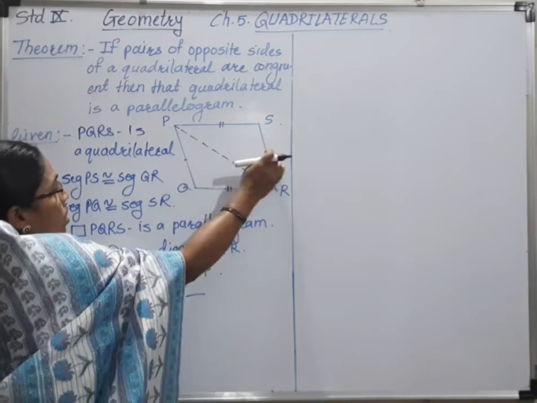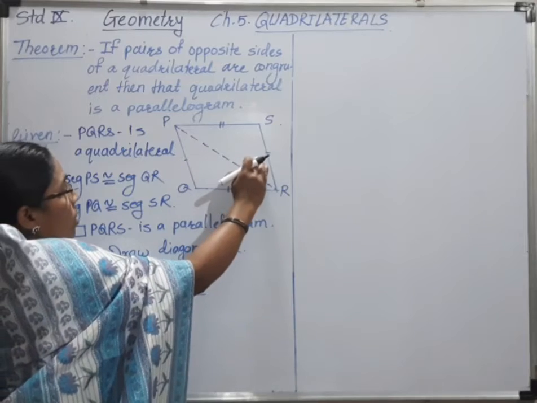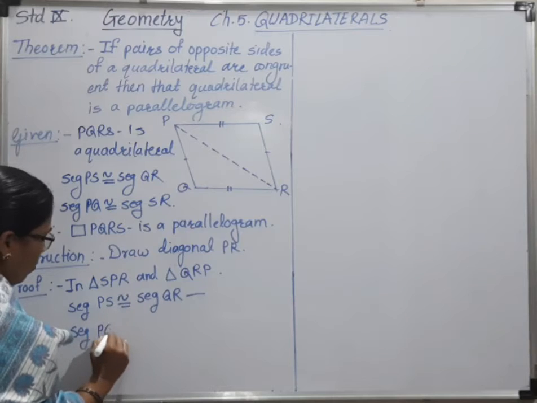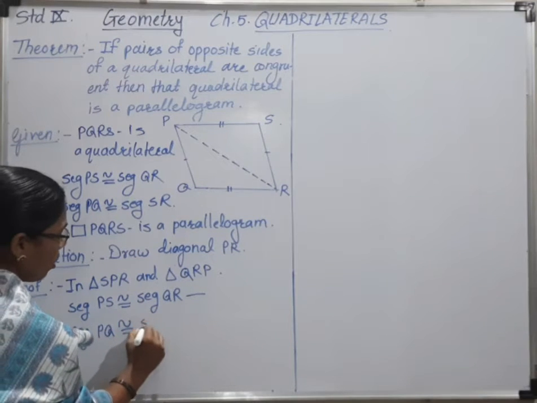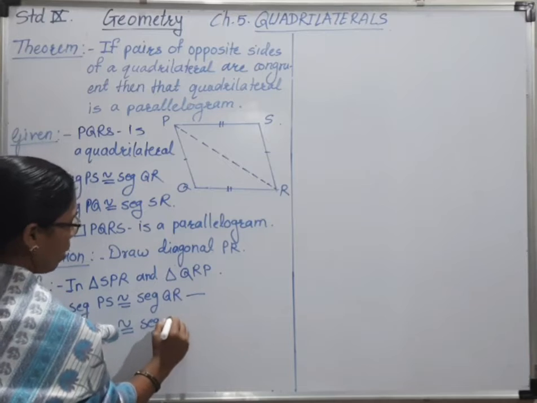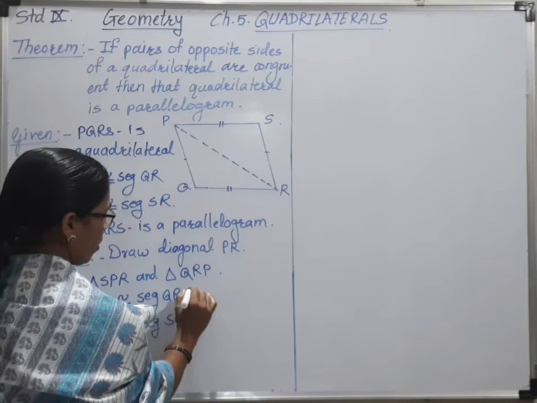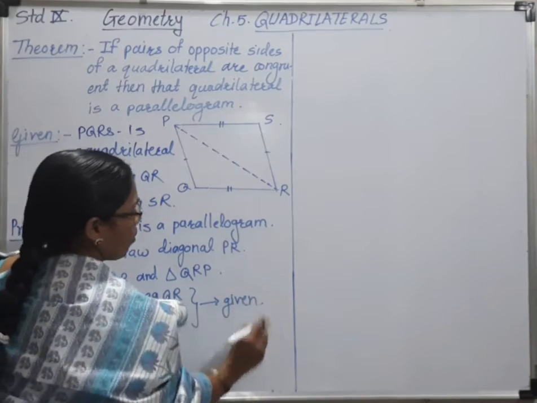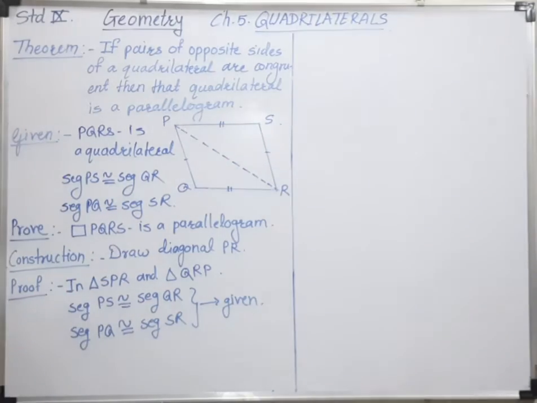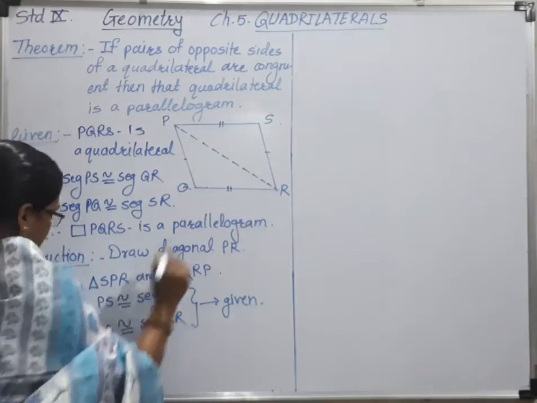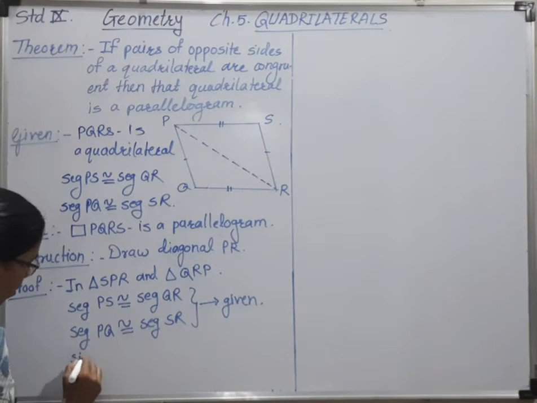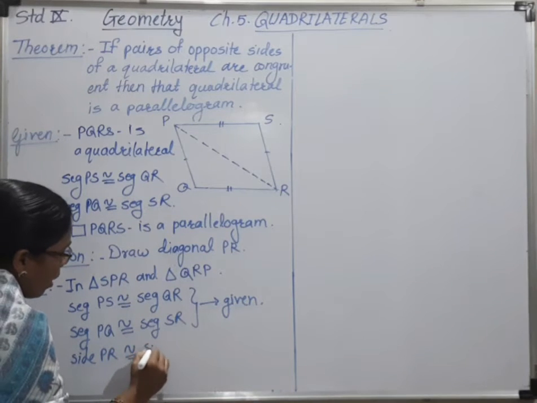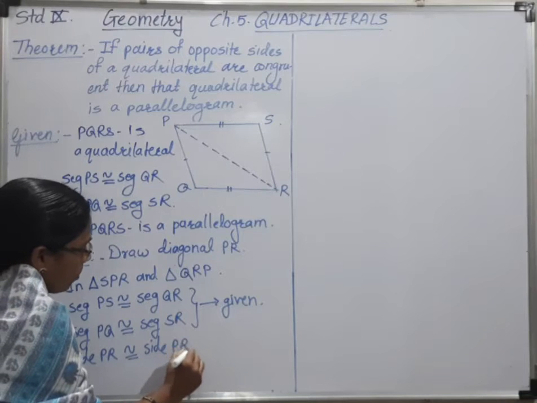This also you can see, these two are opposite sides which are congruent. It is given only. Here also it is written side PQ is congruent to side SR, which is given. And side PR, which is the diagonal, PR is congruent to side PR, which is the common side.